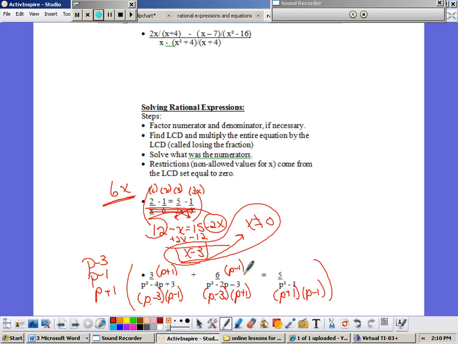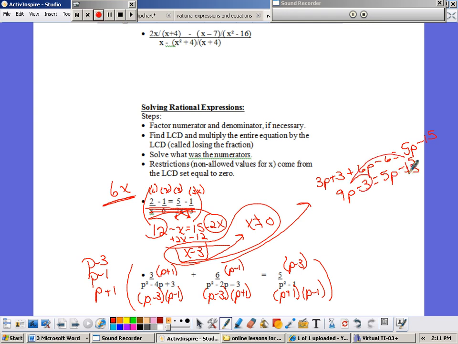And the other one had the plus 1, minus 1, has a P minus 3 that it picks up. So I'm going to come up here. 3P plus 3 plus 6P minus 6 equals 5P minus 15. So I have 9P minus 3 equals 5P minus 15.